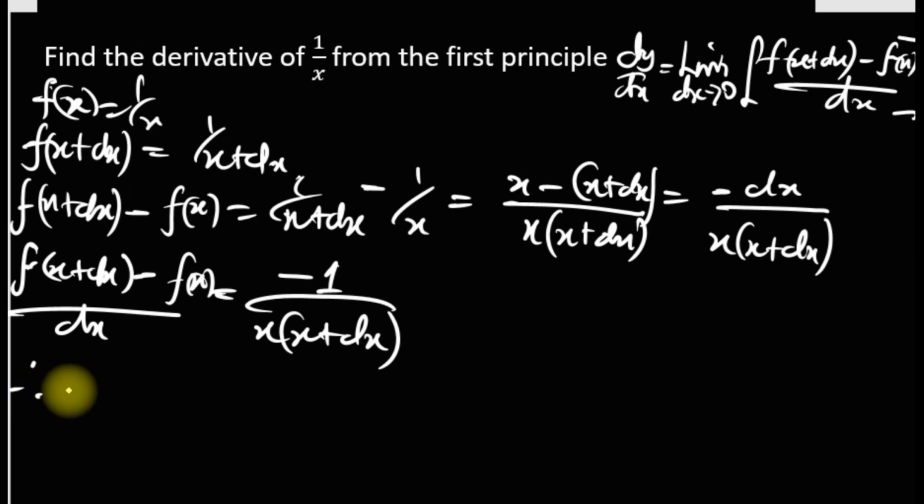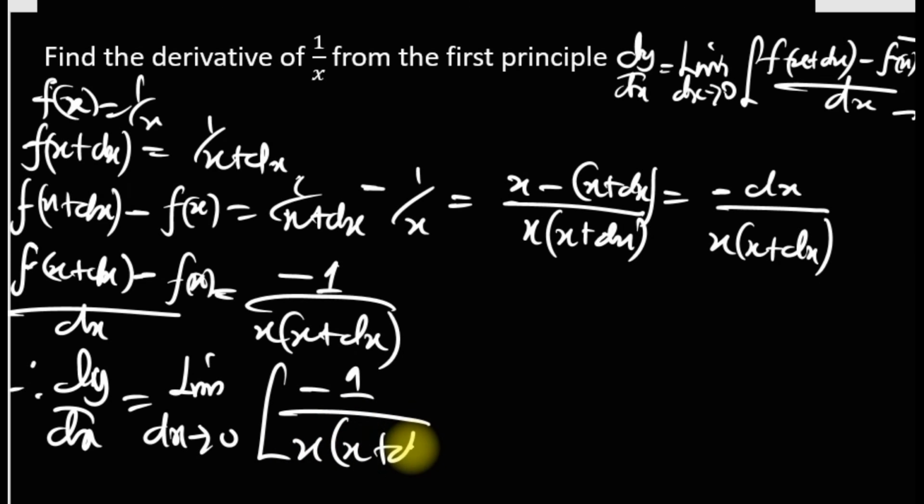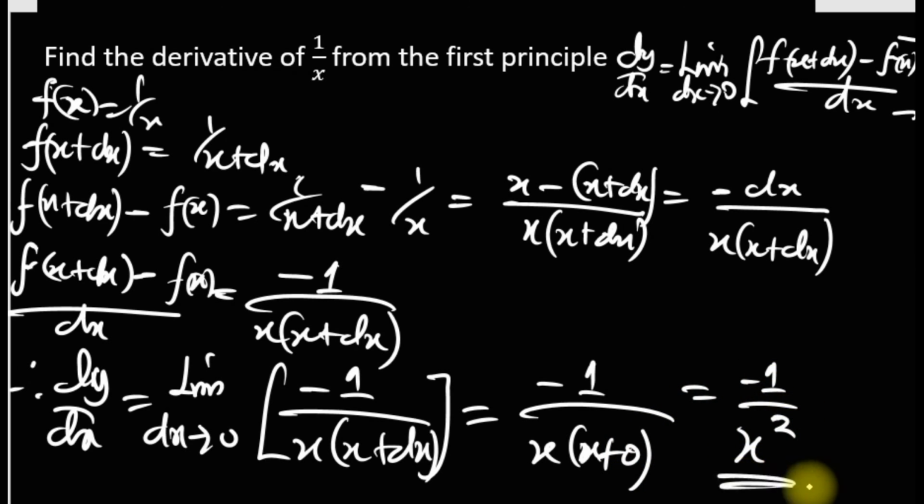Therefore, what we are looking for, dy over dx, is the limit of dx tends to 0 of minus 1 over x times x plus dx. Substituting dx as 0, we have x times x plus 0. What we have is minus 1 over x squared. So that's the derivation.